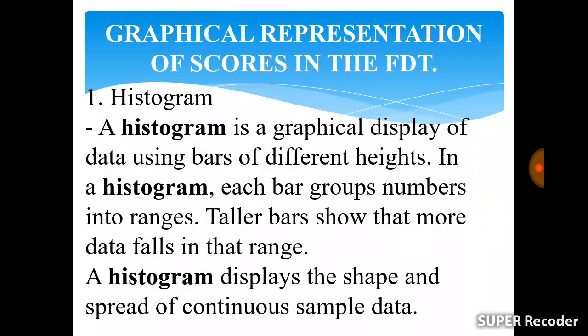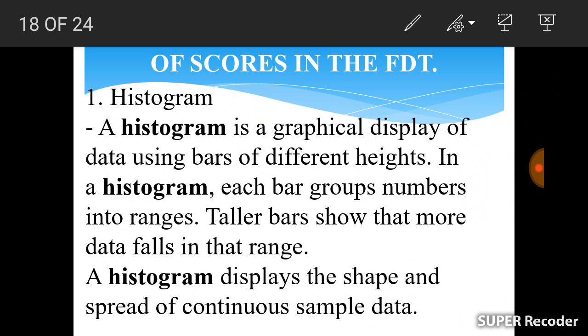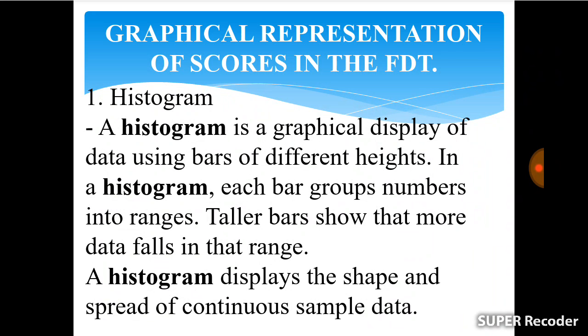So let's discuss different graphical representations of scores in the frequency distribution table. First is the histogram. A histogram is a graphical display of data using bars of different heights. In a histogram, each bar groups numbers into ranges.